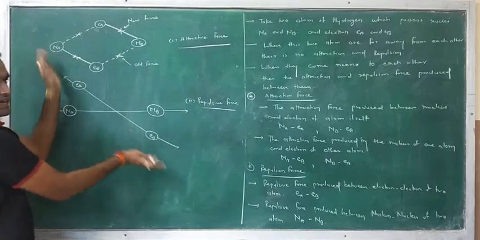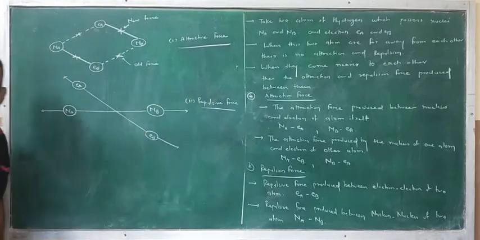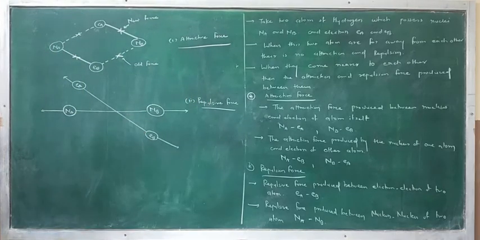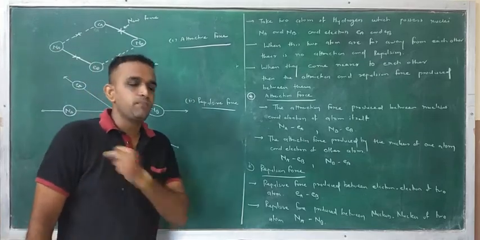Means between two electron and two nucleus there is a repulsion is there. Right? So these things you have to know. But the most important thing, it is true experimentally that magnitude of attractive force is more than that of repulsive force.